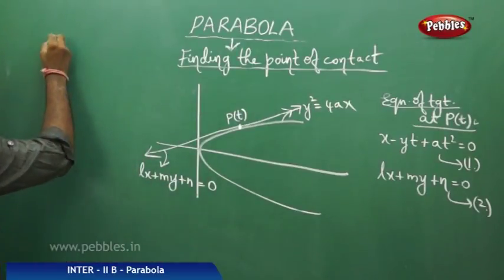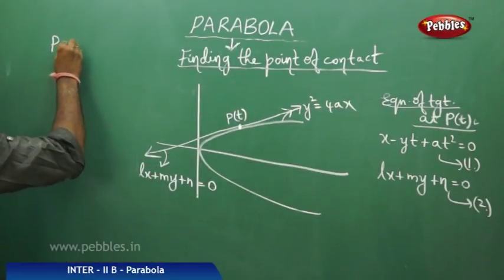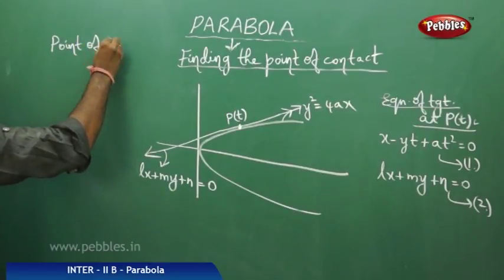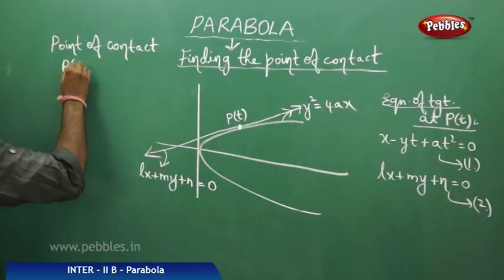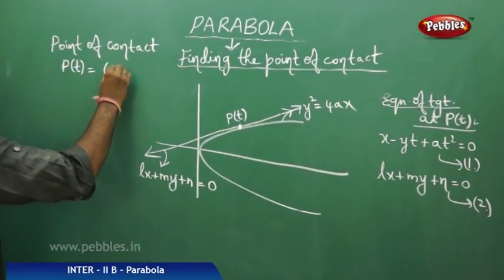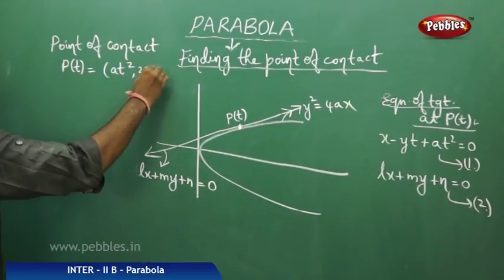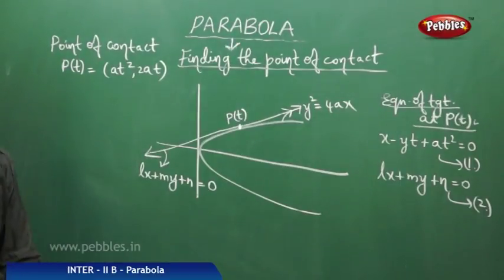Now the point of contact here is P of t, which is already given as at squared and 2at in the parametric form.